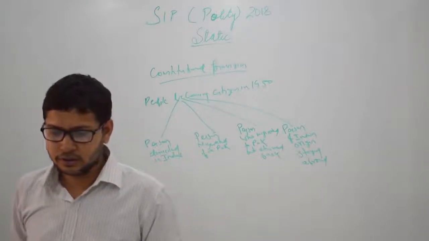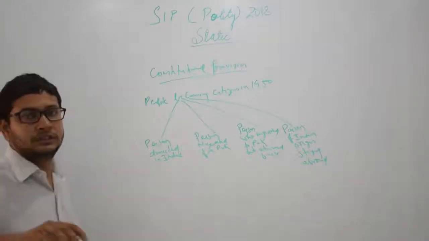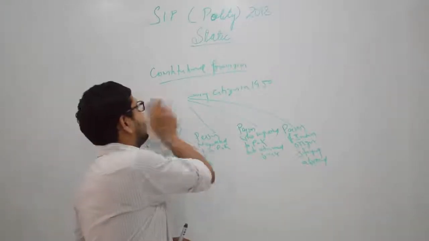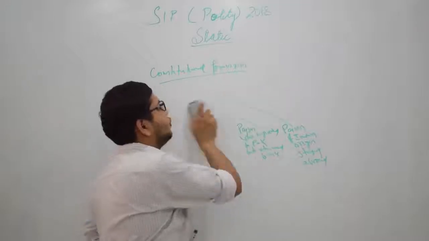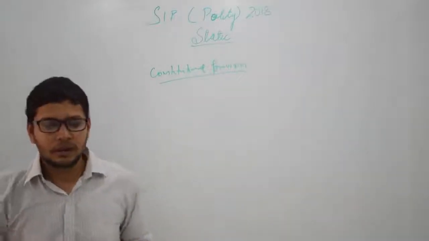Next, move to the very important part of this chapter, which is acquisition of citizenship. A lot of aspirants get confused on that: how you can acquire citizenship. We'll deal with this.